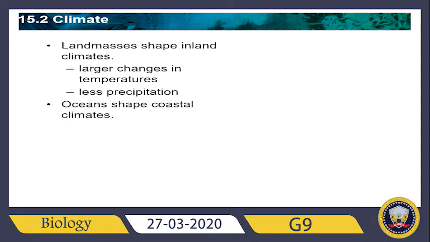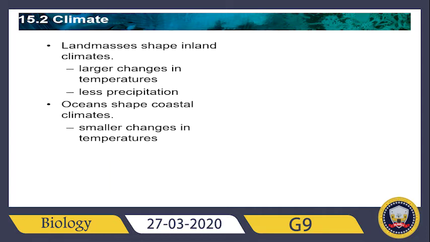Ocean shape, coastal climates. I will explain this. So, smaller changes in temperature, how does this happen? The oceans shape the coastal climate, like the coastal climate in countries that have coasts on the Atlantic Ocean is different from the Indian Ocean because of the currents. Okay, the temperatures change.